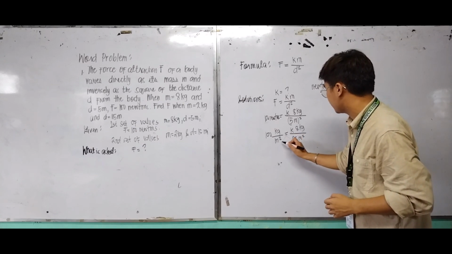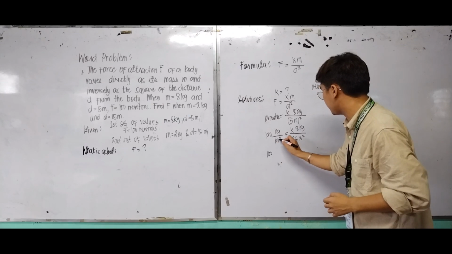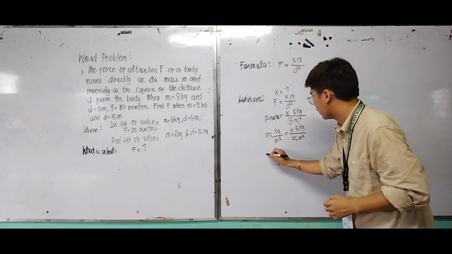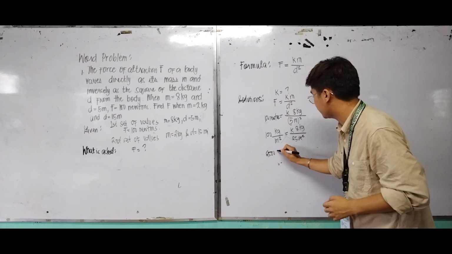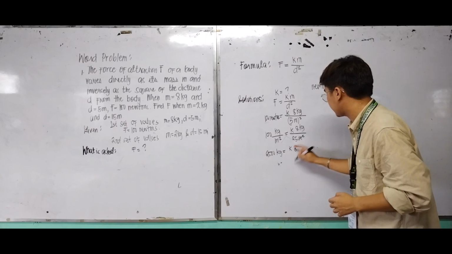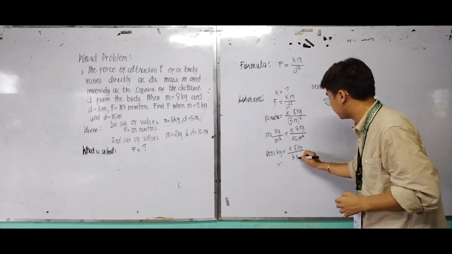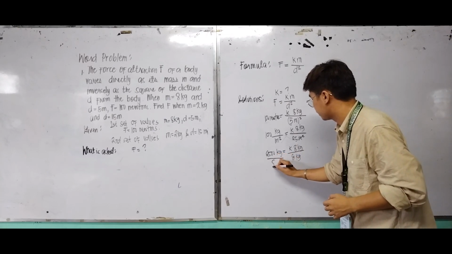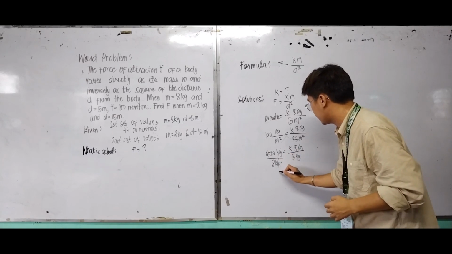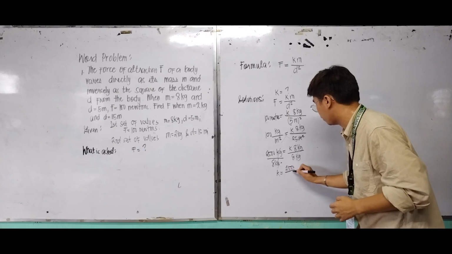The remaining units cancel, meter squared. So we have 100 times 25, we have 2,500 kilograms equals K times 8 kilograms. Divide both sides by 8 kilograms. So cancel the unit. So we have K equals 2,500 over 8.